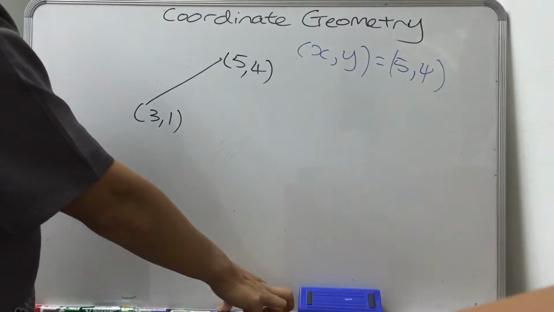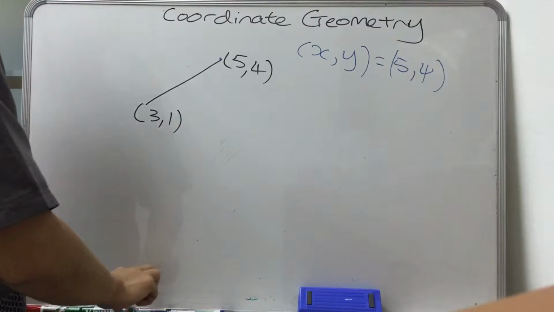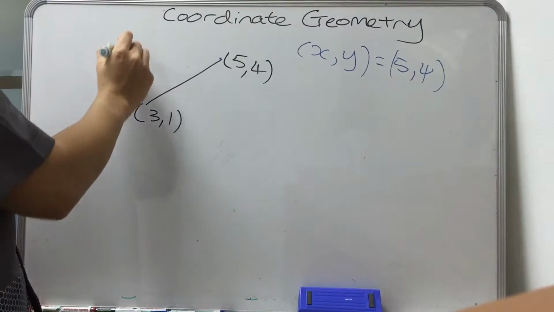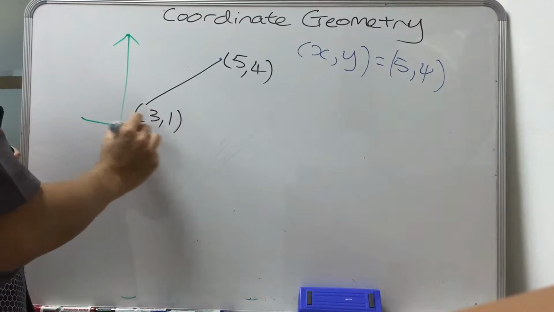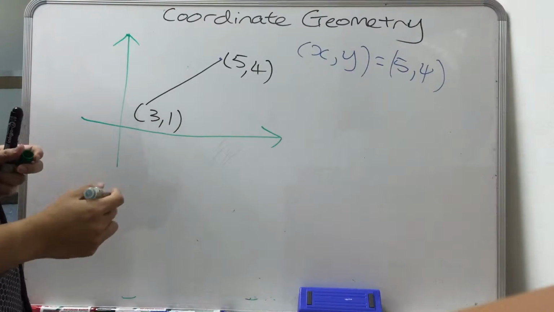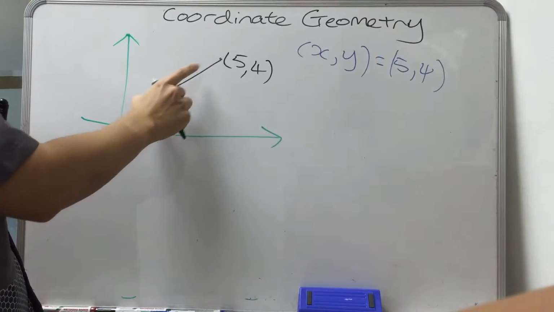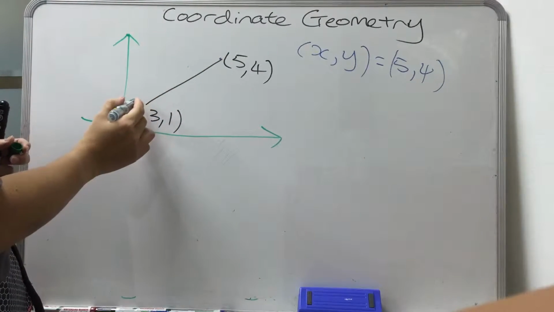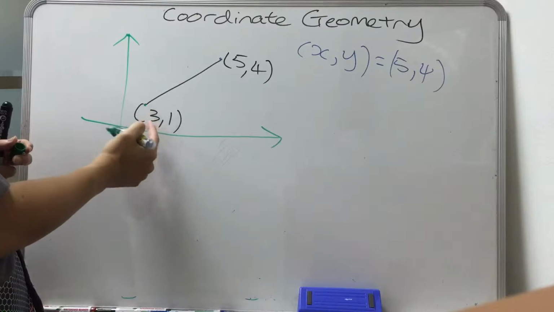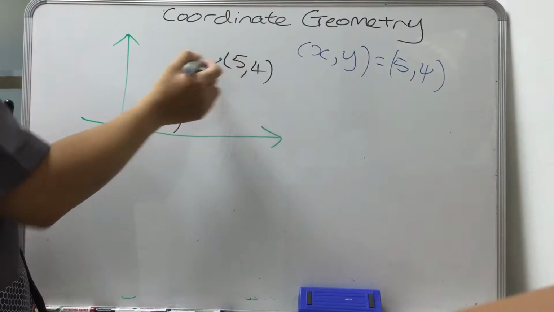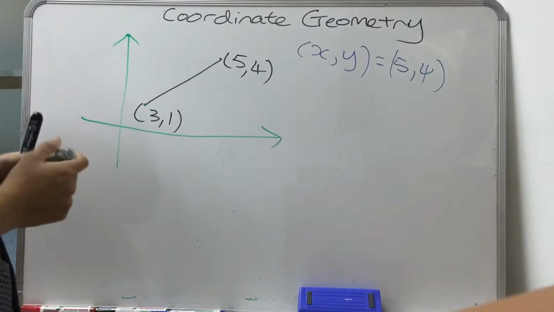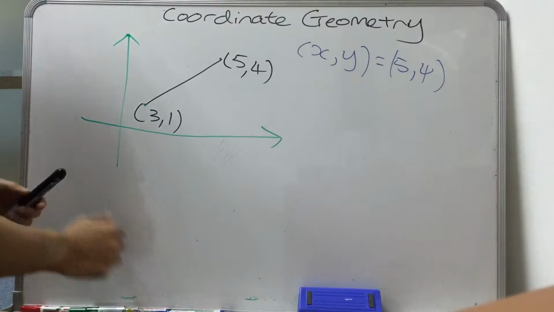First up, we want to learn how to find the length of a line. Between these 2 points, this is a line. You have these 2 points, (3, 1) and (5, 4). So how do we find the length of a line?